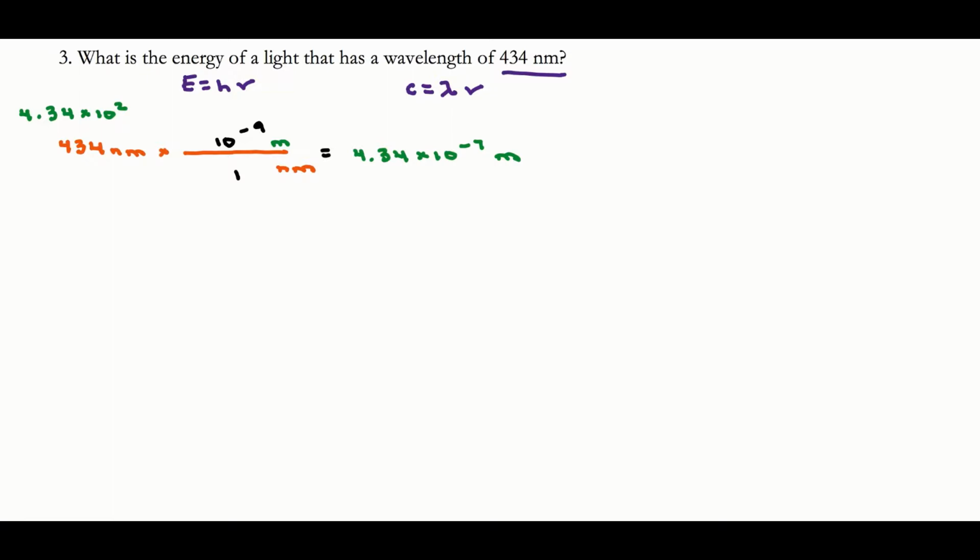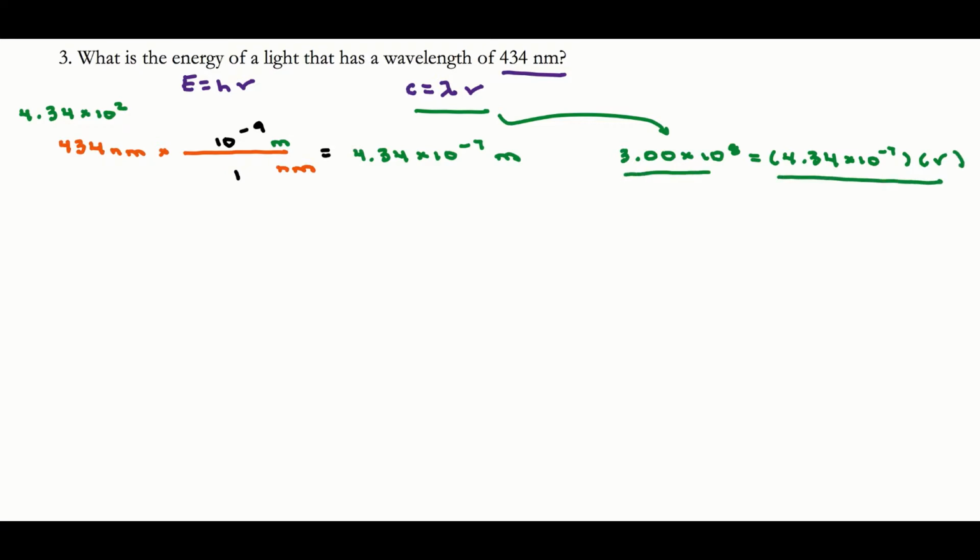Okay? So now I have my wavelength, which is great, but now I need to solve for my frequency. So I'm going to use this formula. My speed of light is 3.00 times 10 to the 8th. I now know my wavelength in meters is 4.34 times 10 to the negative 7th. And I'm solving for my frequency. So I'm going to divide both sides by my wavelength.